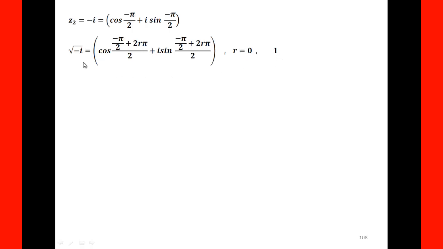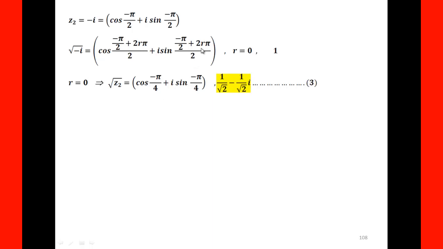So root negative i equals cosine of negative pi over 2 plus 2r pi, all over 2, plus i sine of negative pi over 2 plus 2r pi, all over 2, and r equals 0 and 1. Substituting r equals 0 in this form, you will get cosine of negative pi over 4 plus i sine.